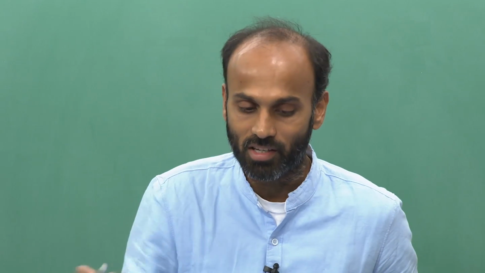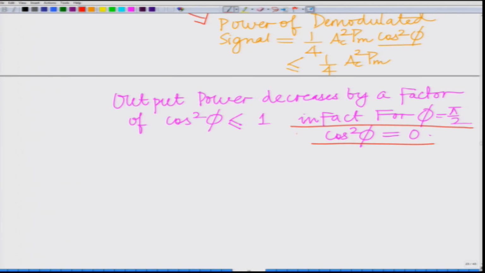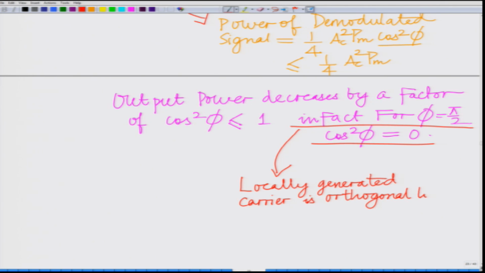This means the locally generated carrier is orthogonal to the carrier wave in the incoming signal.